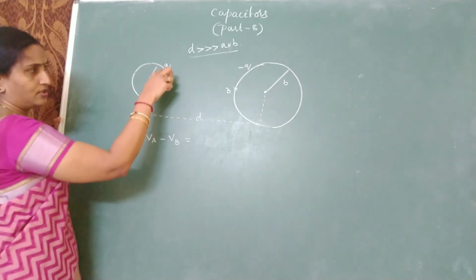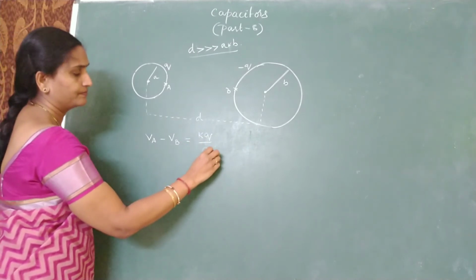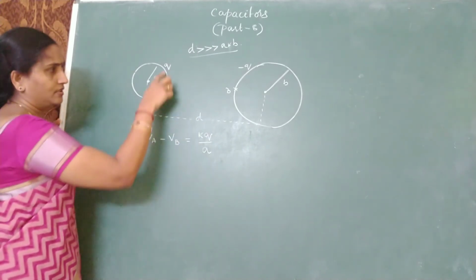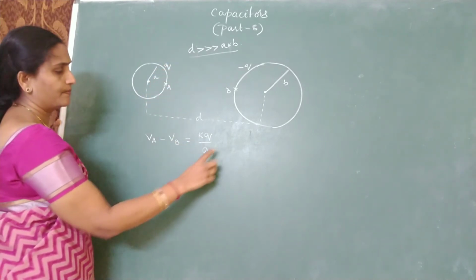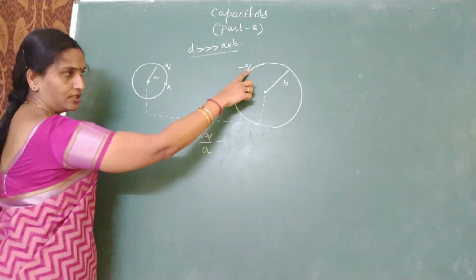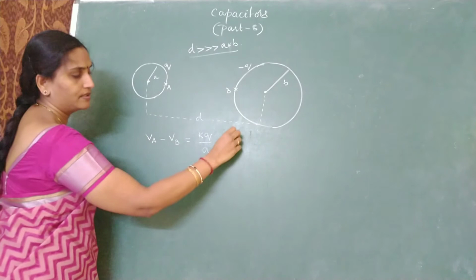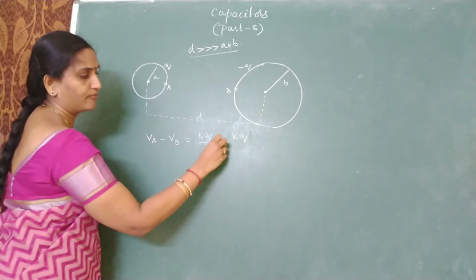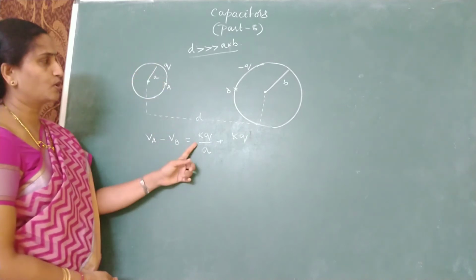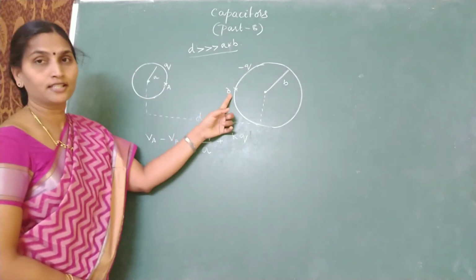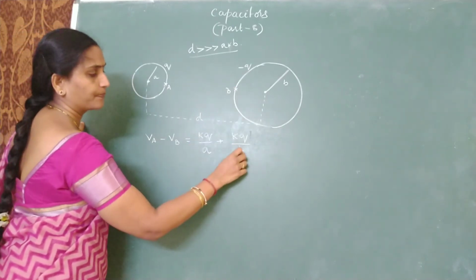Because of this charge Q, we know it is KQ by A. Potential at this point due to this charge Q is KQ divided by A, minus potential due to negative charge at this particular point B, which is minus of minus, that will become plus, because potential due to positive charge is positive and due to negative charge it is negative, minus KQ by B.